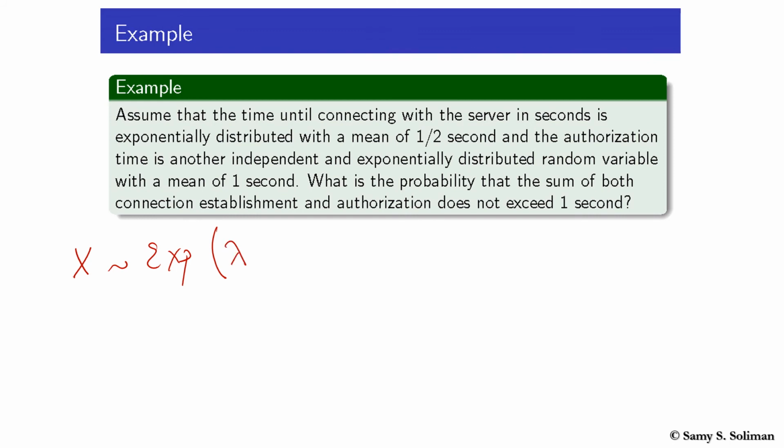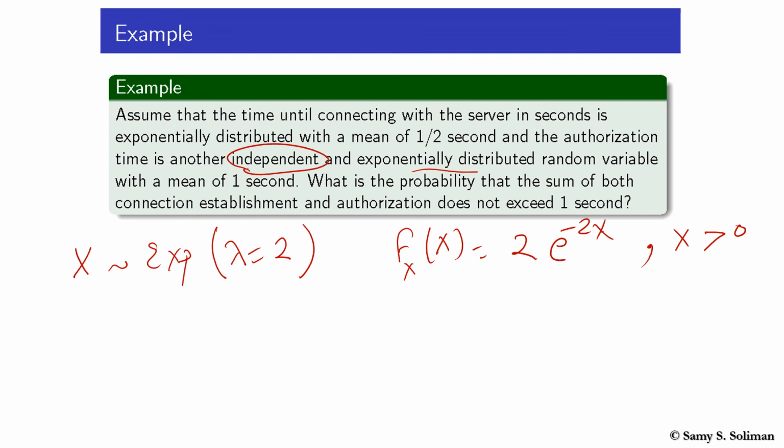So our lambda here is equal to 2, the reciprocal of 1/2, which means that f of x is equal to 2 times e to the power negative 2x for x larger than 0, and the authorization time is another independent and exponentially distributed random variable with mean equal to 1 second.